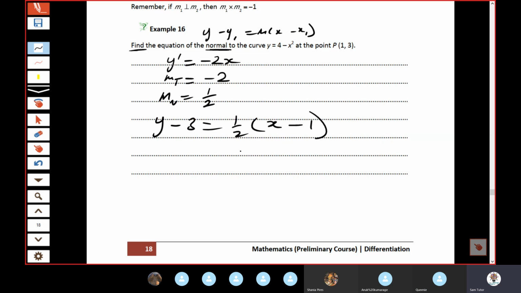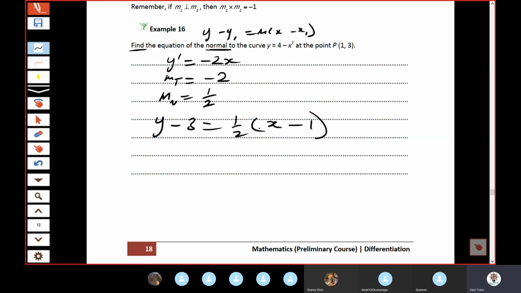But if you wanted to move forward, what would you do, Queenie? Bring the half to the other side. You would bring this half to the other side? I think you got the right idea. I don't think you said it right. Let me make it clear. You don't. I probably would not expand the half.